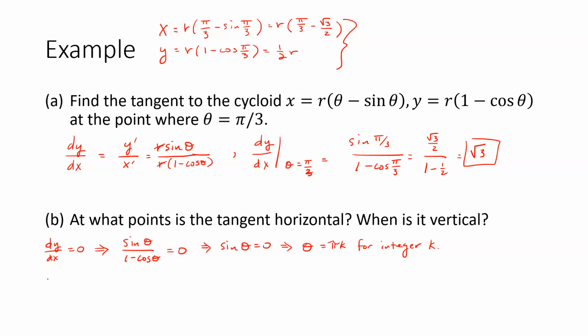Now the next question is, when is it going to be vertical? So let's think about when it's undefined. Well, notice that it'll be undefined when we get 1 minus cosine of theta equal to 0. And in this case, that would be when cosine of theta equals 1, which means theta is equal to 0, or any multiple of 2 pi.